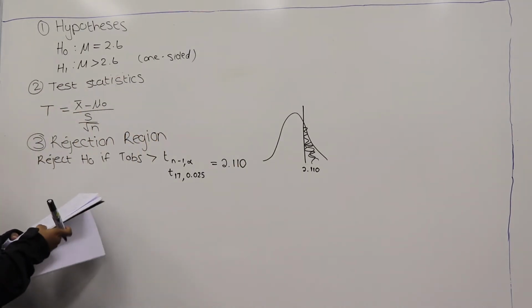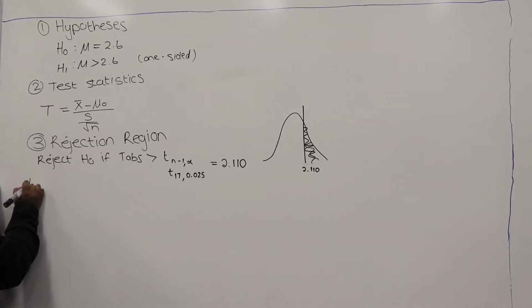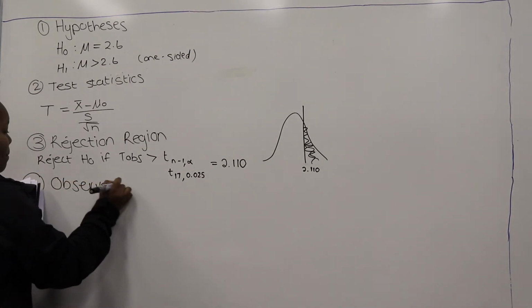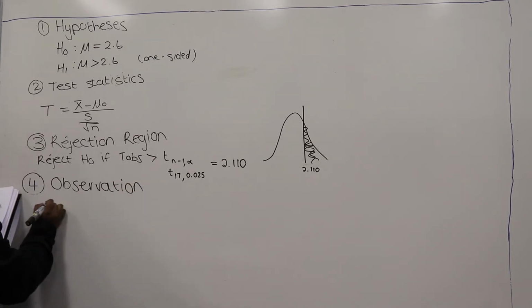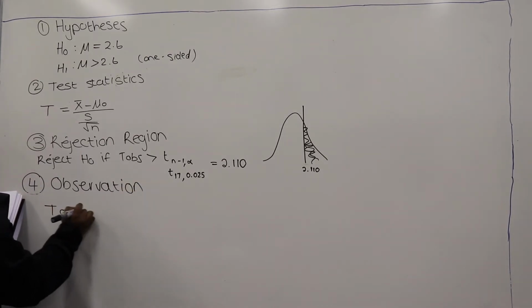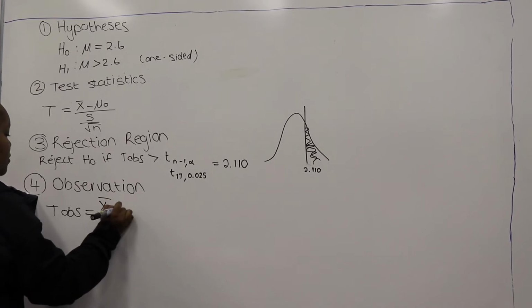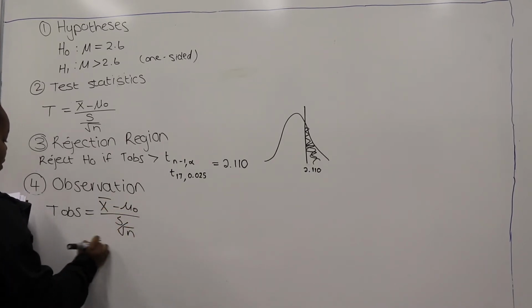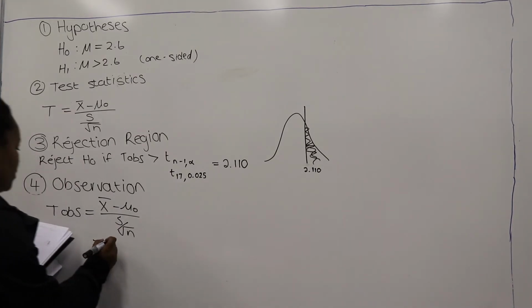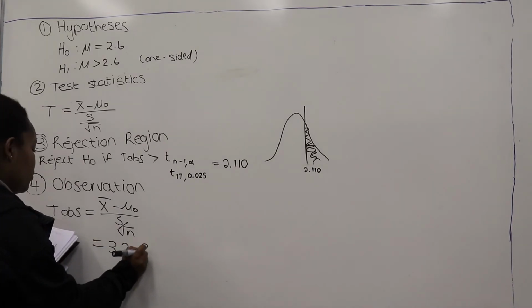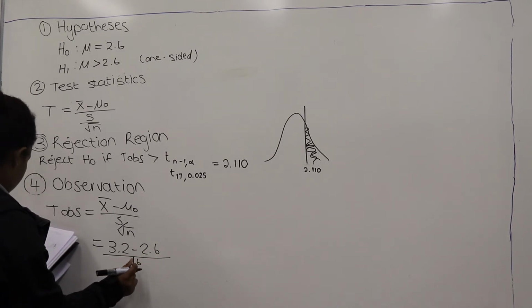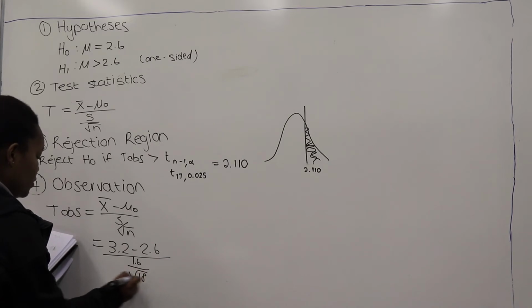Right, okay. So then we come to our observation or calculation. Here we just plug in the values: 3.2 minus 2.6, divided by 1.6 over the square root of 18.